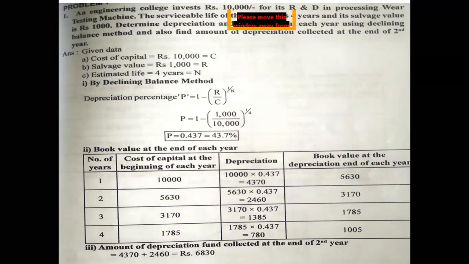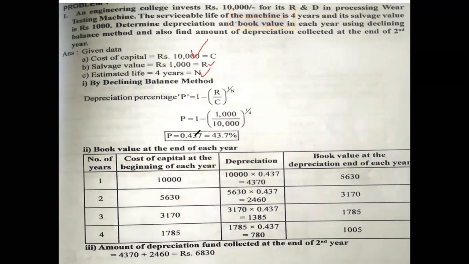So here, the value of C is 10,000, the investment is 10,000, the salvage value is 1,000, and the estimated life is 4 years.